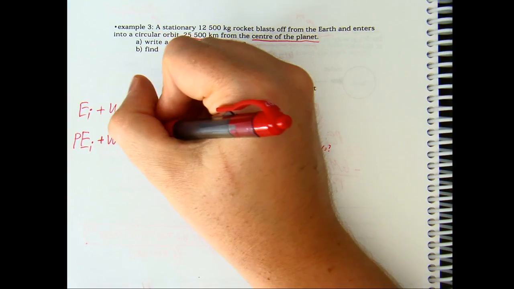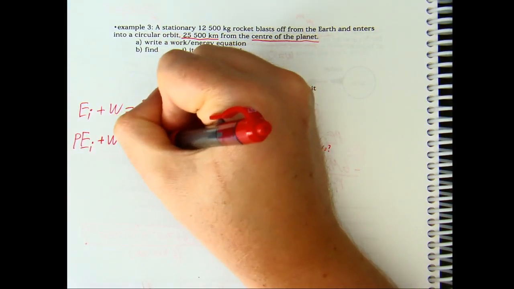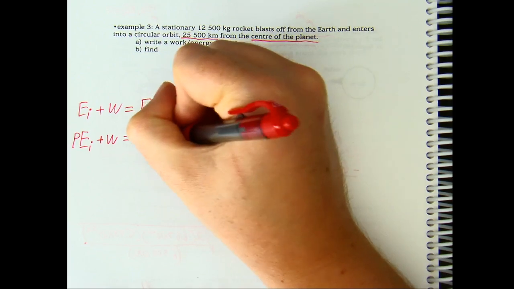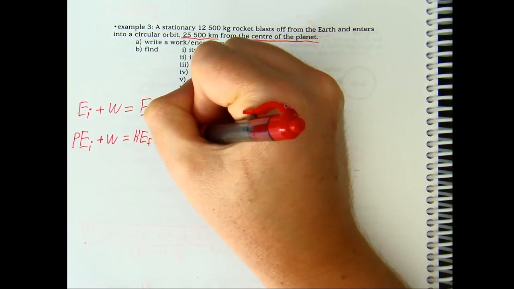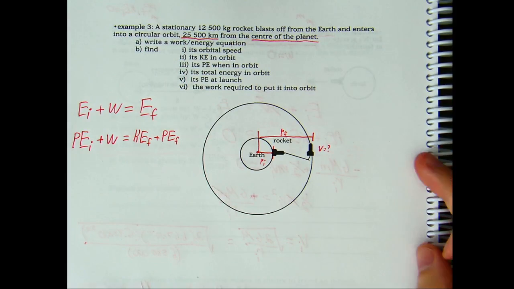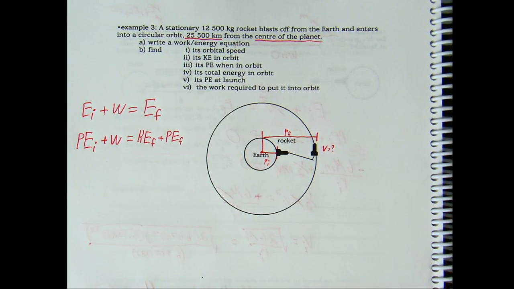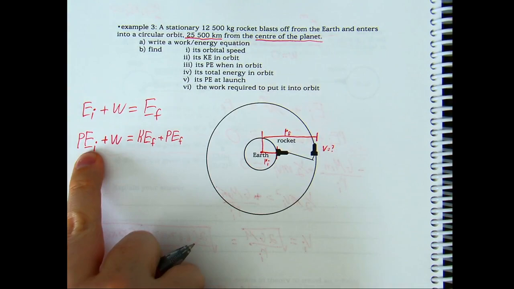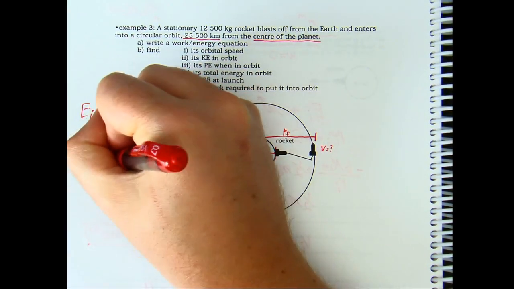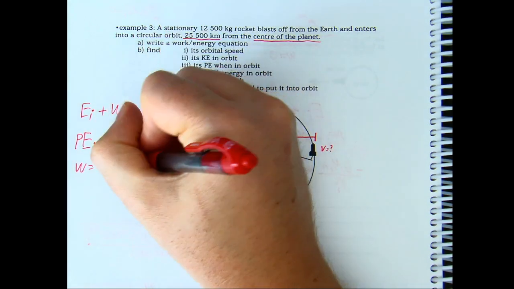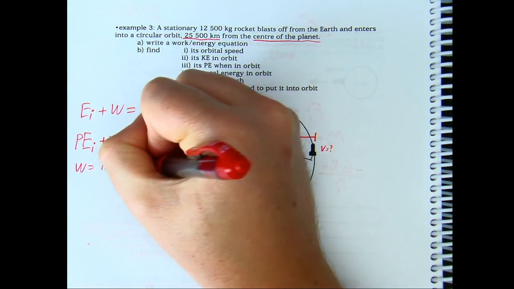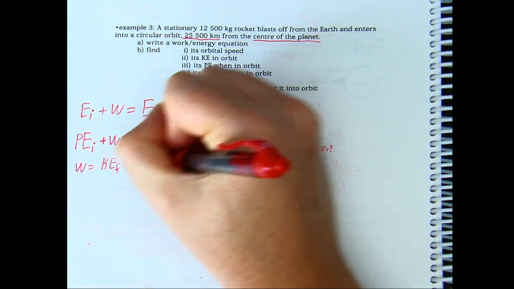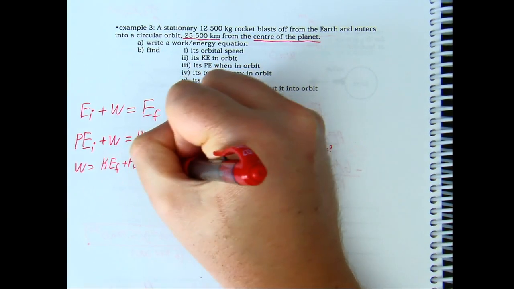So this thing's going to have some kinetic energy at the end, and it's going to have some potential energy at the end here. So this is where the work energy equation is going to start. I'm just going to move some stuff around here. I'm going to subtract the potential energy initial from both sides, and we're going to get that the work is equal to the kinetic energy at the end plus the potential energy at the end minus the potential energy at the beginning.